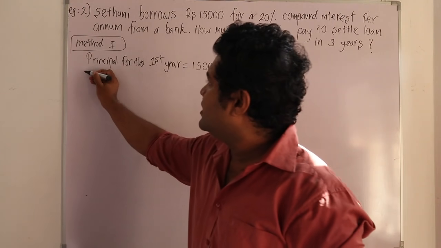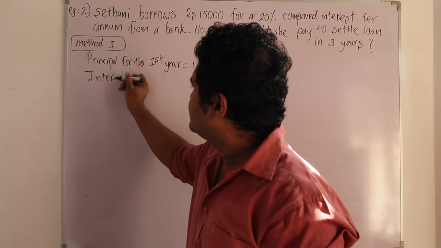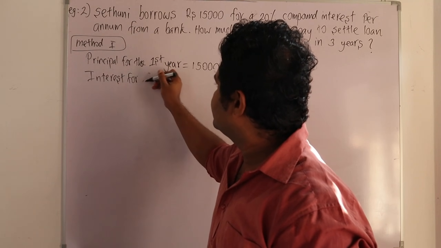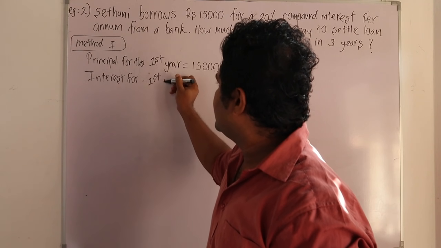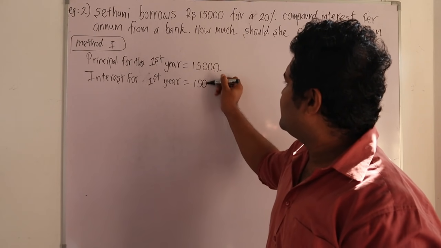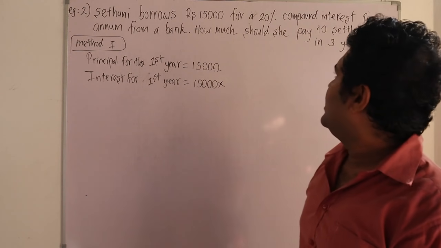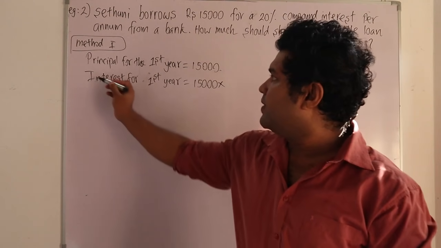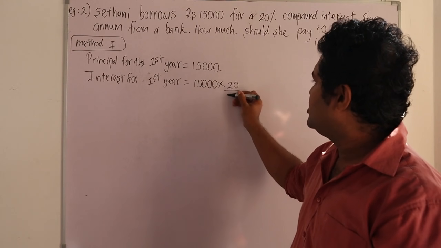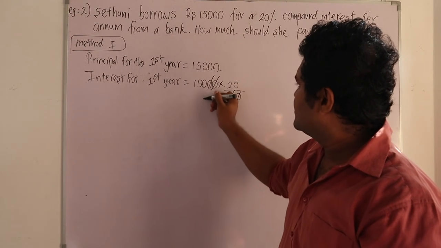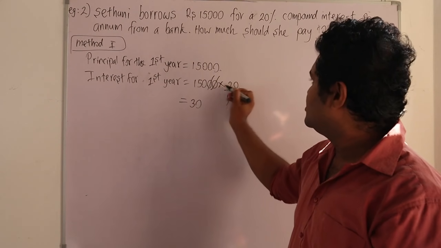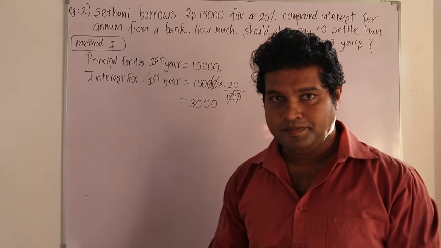Now interest for the first year. What is the first year interest? To this 15,000, you have to calculate the rate of interest, only 20%, 20 over 100. Your answer comes 15 times 2, 30 and 2 zeros, 3,000 rupees.